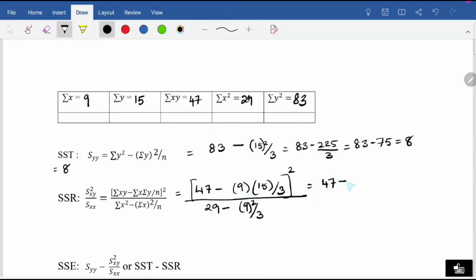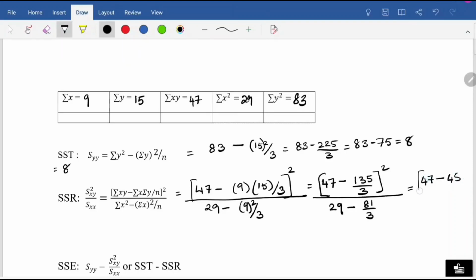So let's work the numerator first. 47 minus 9 times 15 is 135, divided by 3, whole squared. And in the denominator, we have 29 minus 27, since 9 squared is 81, divided by 3 is 27. So we have 47 minus 135 divided by 3, which is 45.